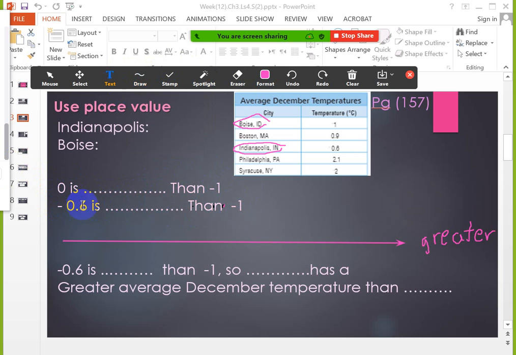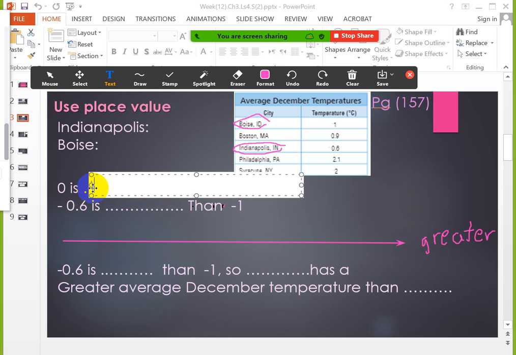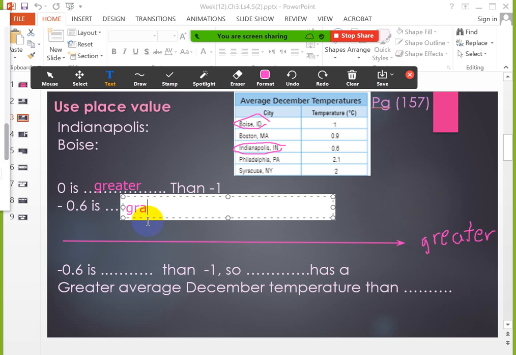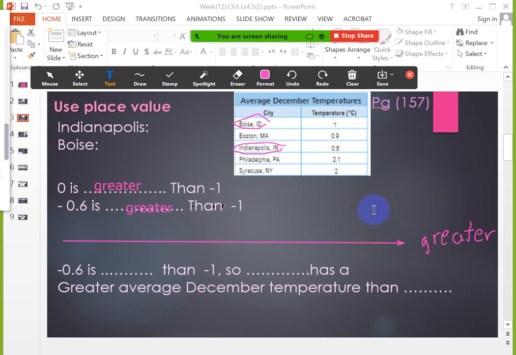I can use this strategy by comparing two numbers according to the location of 0. Look, 0 is greater than -1. That means -0.6 also is greater than -1. Actually, I don't prefer this strategy, the place value.